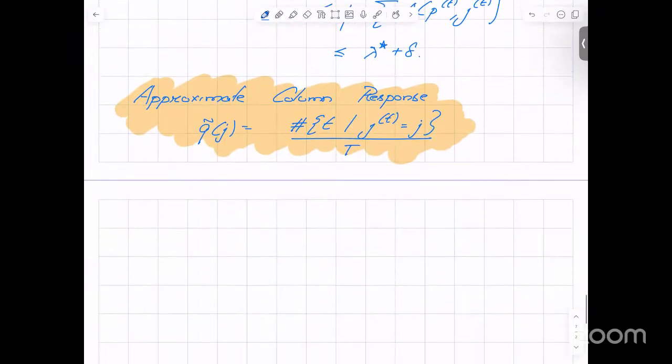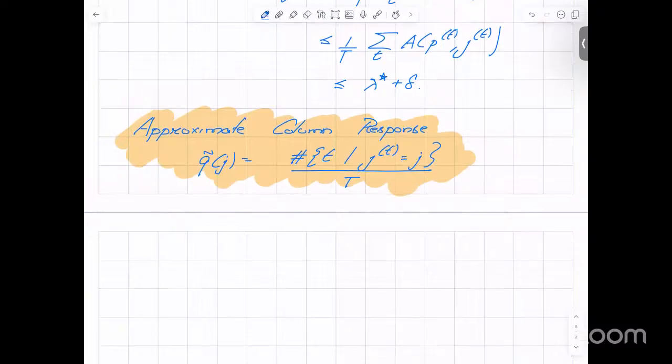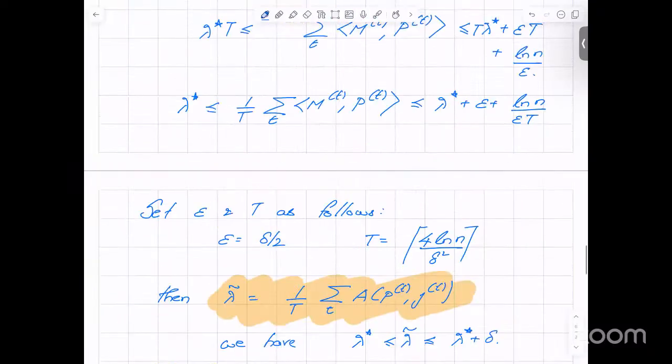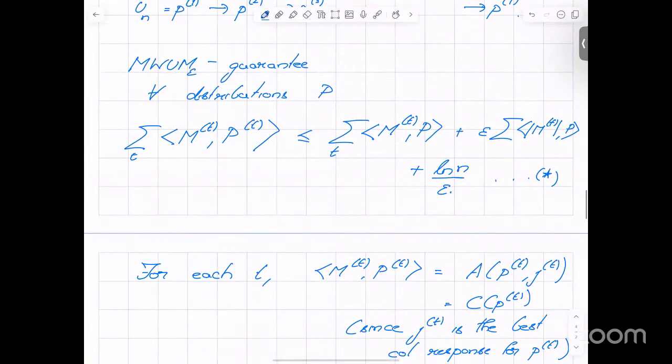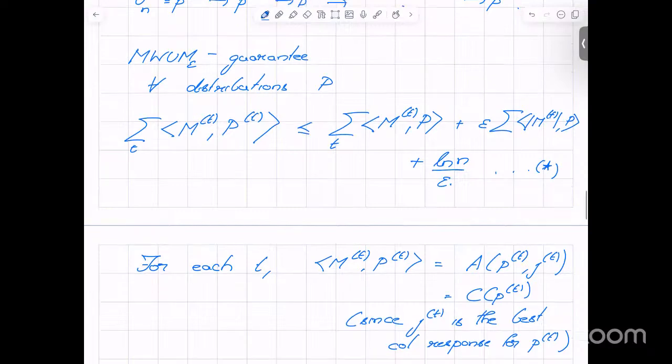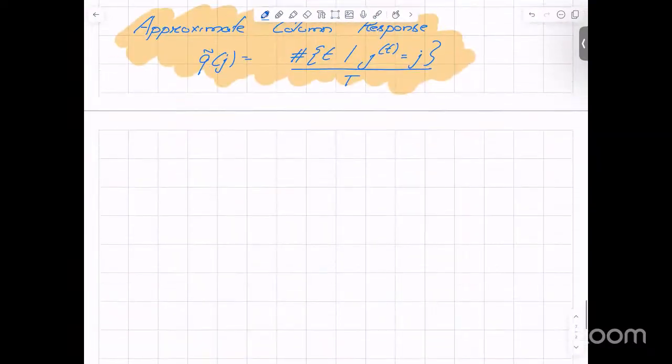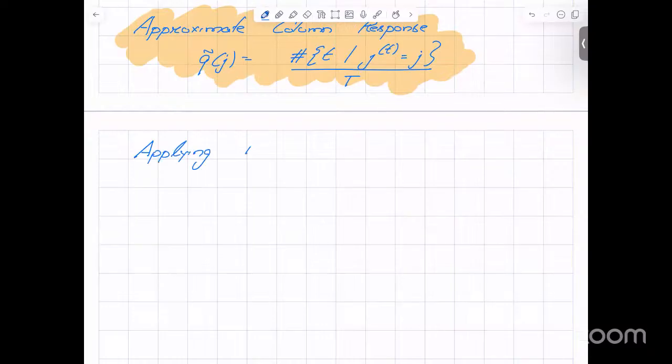So let's go back to this one. Recall our original statement which we had here. This statement, that was the MWM guarantee. This was true for any distribution P. So let's apply it for the pure strategy I. What do we have?